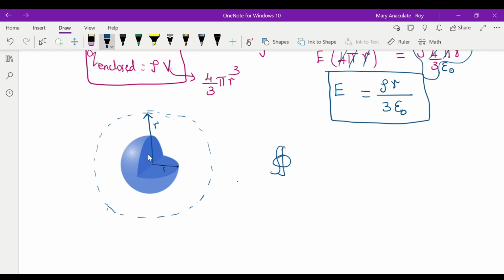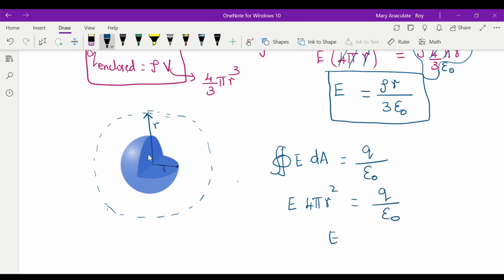The closed surface integral E times dA equals Q enclosed over epsilon naught. Now here E is constant. So if you take the integration of surface area, now here the surface area is the surface area of the sphere itself, which is 4 pi r squared, equals Q over epsilon naught.